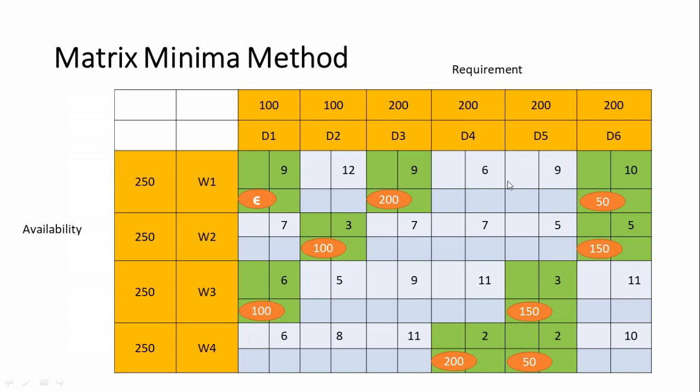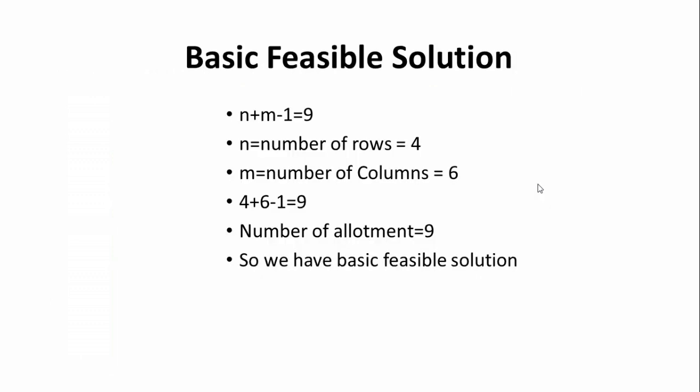Now when we have this data, we calculate the cost of transportation. Even before the cost of transportation, we have to find out whether this solution we got is a basic feasible solution or not. So we calculate the number of rows, n, which in this case is equal to 4, and m, the number of columns, is equal to 6.